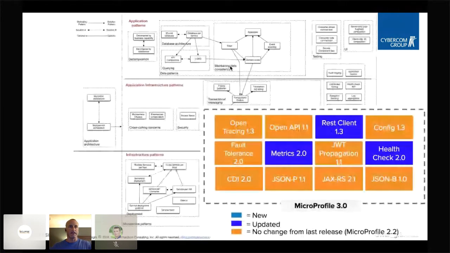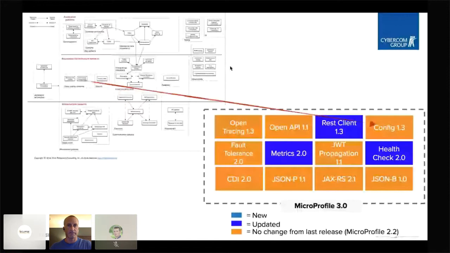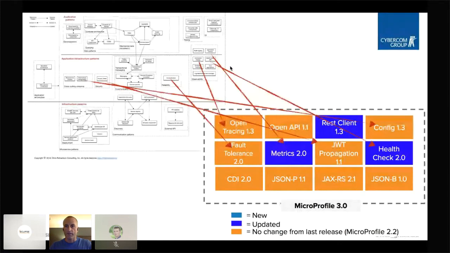So we have a list of a lot of microservice patterns, and as you see, the MicroProfile APIs implement these patterns, as you can see here. So I'll go through these patterns one by one and explain the technologies behind them.